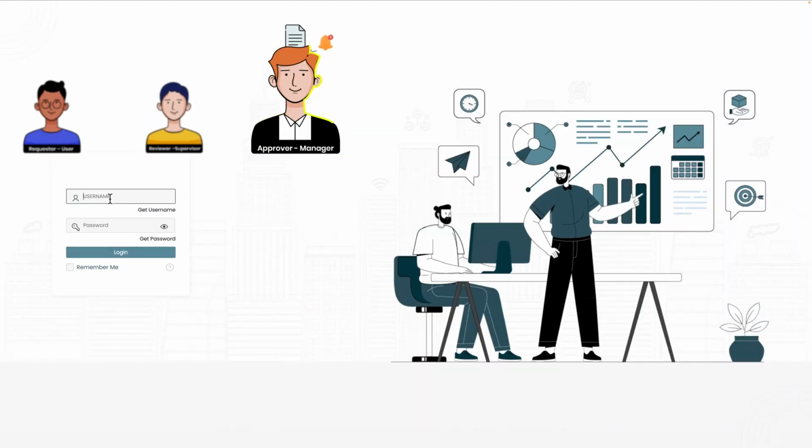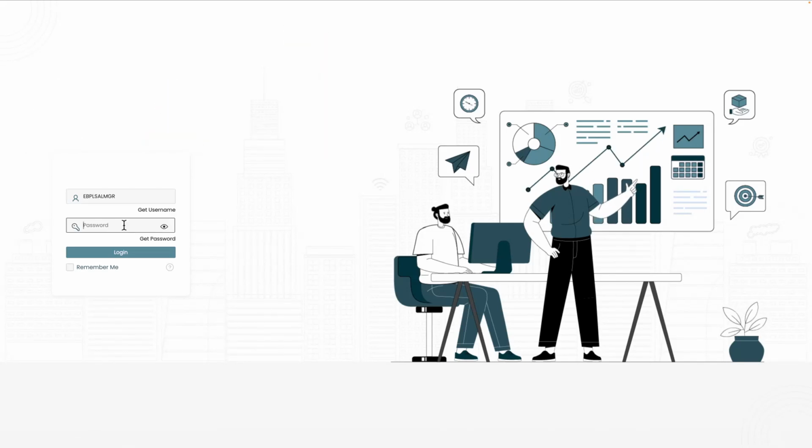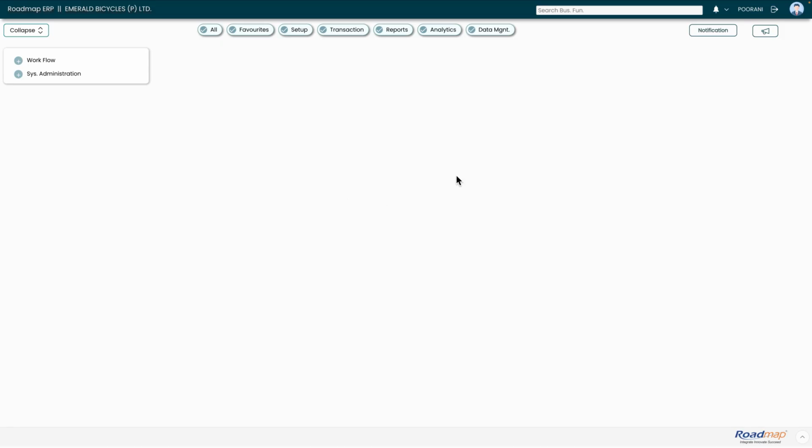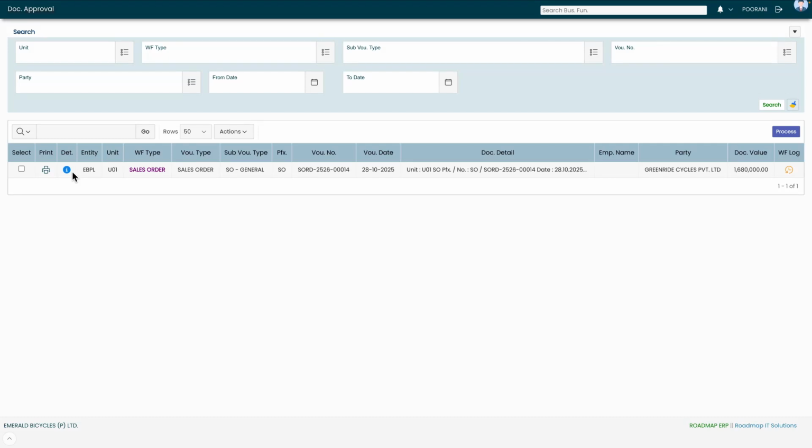Now let's log in as our manager. Click on login. This is the login page of your manager. Here click on this bell icon and move on to approvals. The document has been forwarded here. In order to view the document, click on this detail icon.